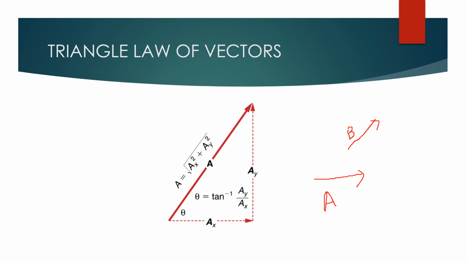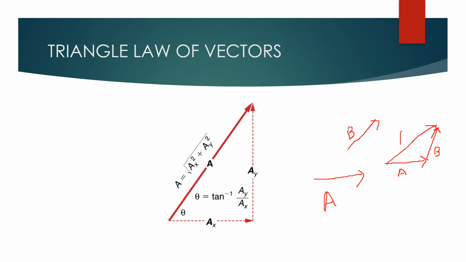We take the vector A as usual, and we place vector B on the head of vector A. So when we draw these two vectors like this, it looks as if the body is moving from A to B. This is the direction of the resultant vector.